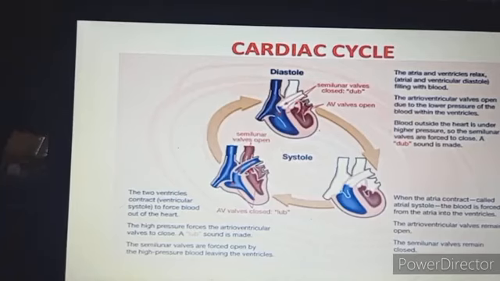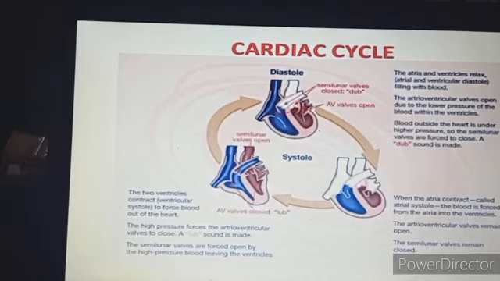And one cardiac cycle means the auricle is contracting and passing on the blood into the ventricle. When the ventricle is contracting, the auricle is in relaxation mode. So when it is relaxing, what will happen?